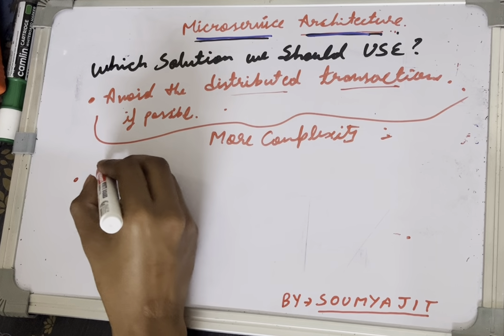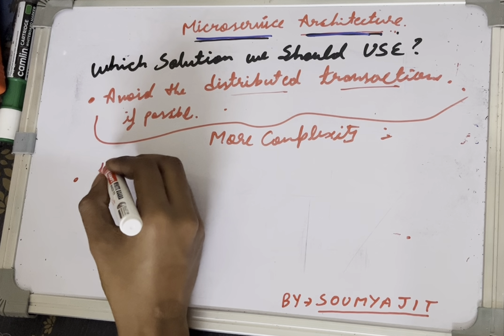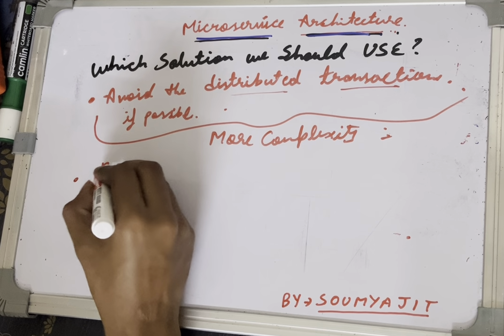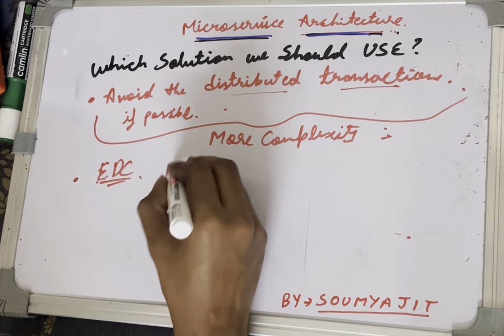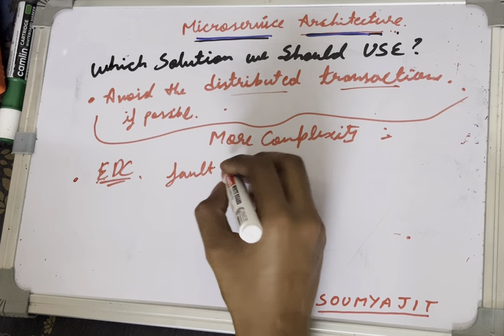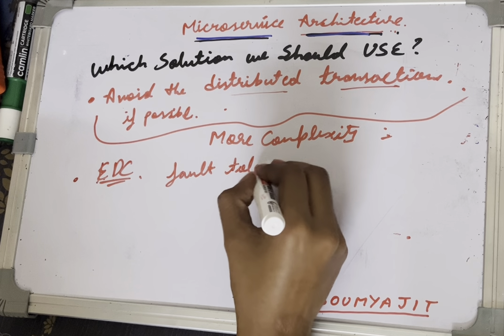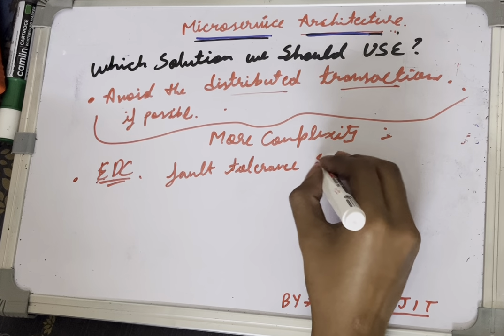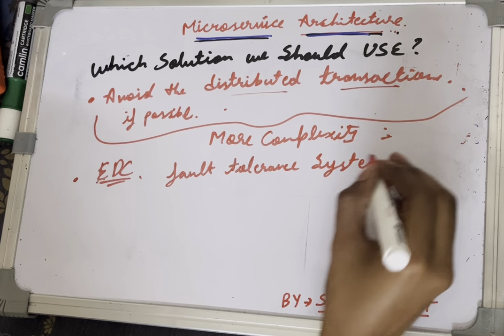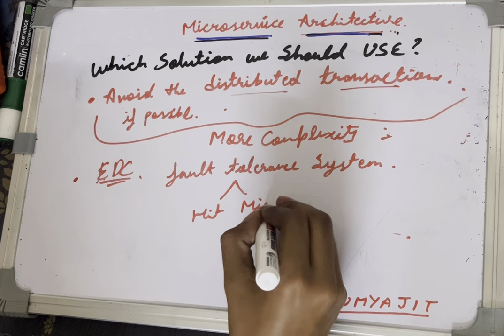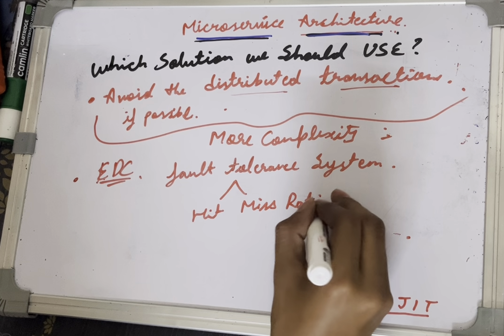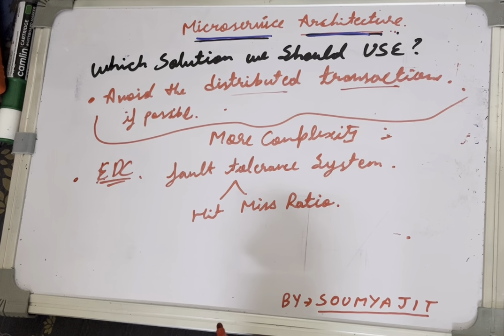Or the other one, event driven architecture, EDA, where you design a fault tolerant system, which is basically your hit and miss ratio: how much data is accurate, how much fault is occurring, right? So it is all about that.